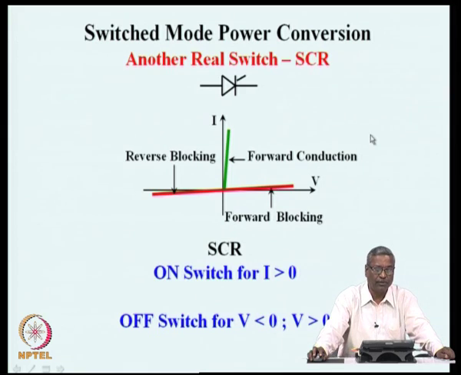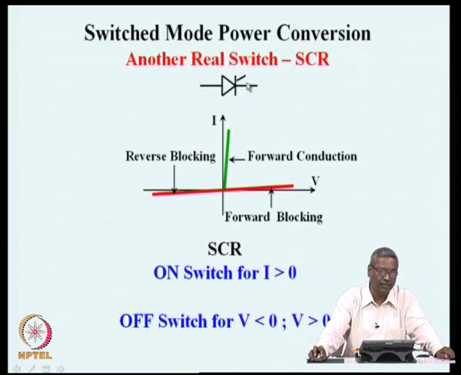We have now the second real switch of a whole family of switches. This is another real switch which goes by the name of silicon controlled rectifier, or in short SCR. It has the same symbol as a diode along with a control gate connected to that.